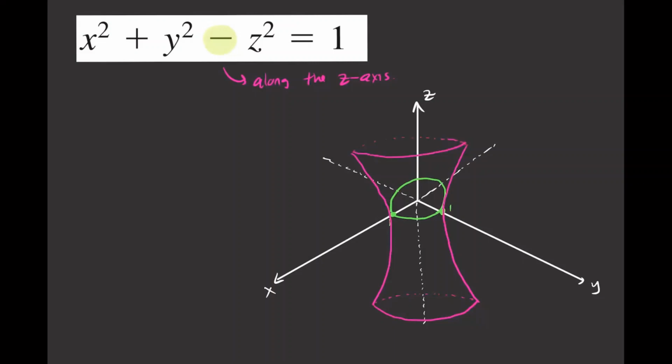And of course, there's another hyperbola in the YZ plane, which I didn't get to draw, but you can imagine that there is a hyperbola right here, right behind it, and then another one right here across from that. Hopefully you get an idea on how to draw this. And the traces in the XY plane, like we said, are just unit circles. So something like this. That would be our picture of this hyperboloid of one sheet.